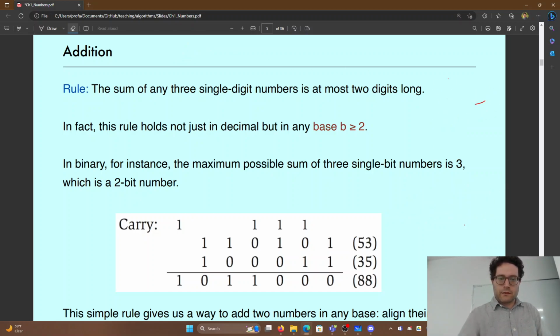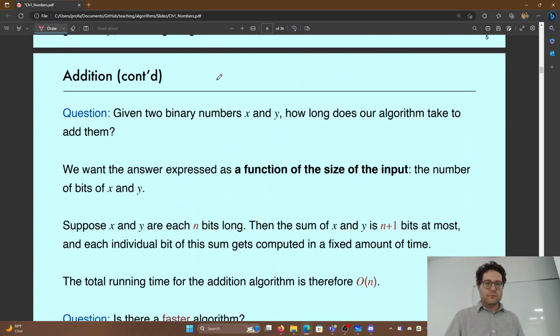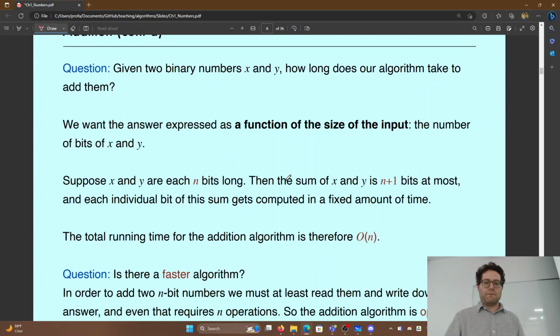Okay. The rest of the slide just explains what I was talking about. We simply add two numbers by aligning the right-hand ends and going from right to left.